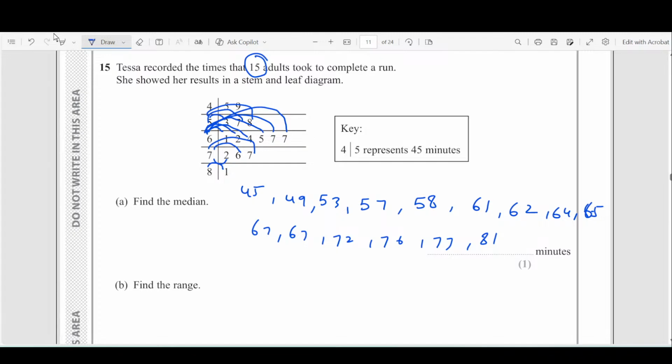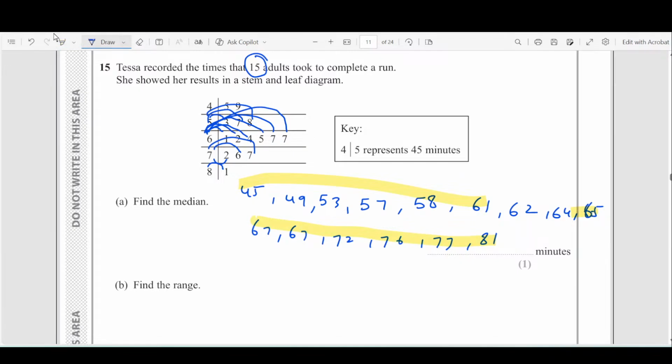To find the median, what we can do is check the middle value. So if you check, this side we have 1 2 3 4 5 6, and 1 2 3 4 5 6.